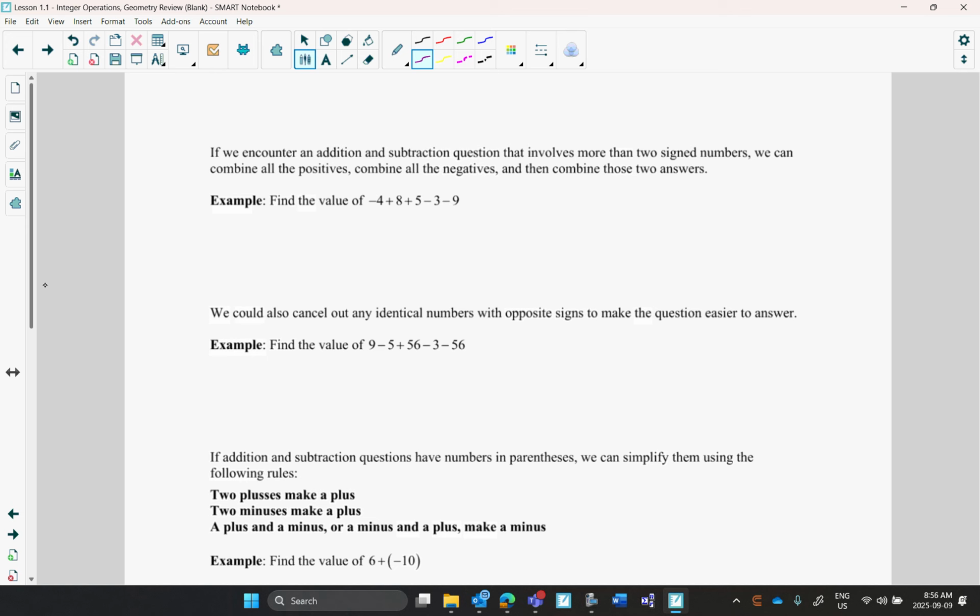Yeah, another way to look at it is put all the negatives together: -4 and -3 and -9, which is -16. Put all the positives together, +8 and +5, which is +13, and then add those two together. Or in other words, 16 minus 13, but there's more negatives. So your answer would be -3.